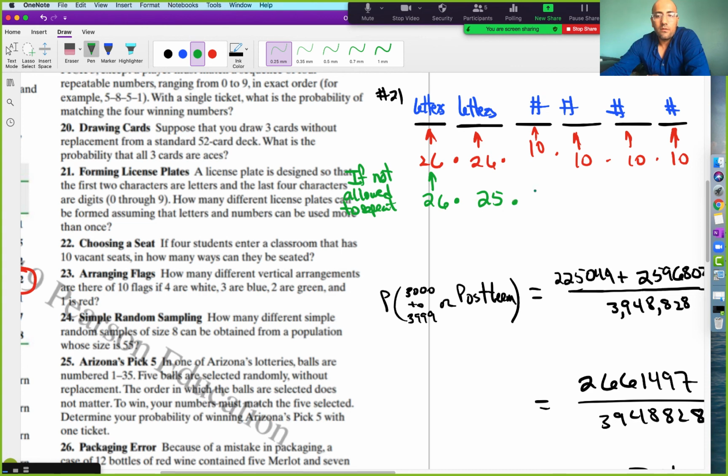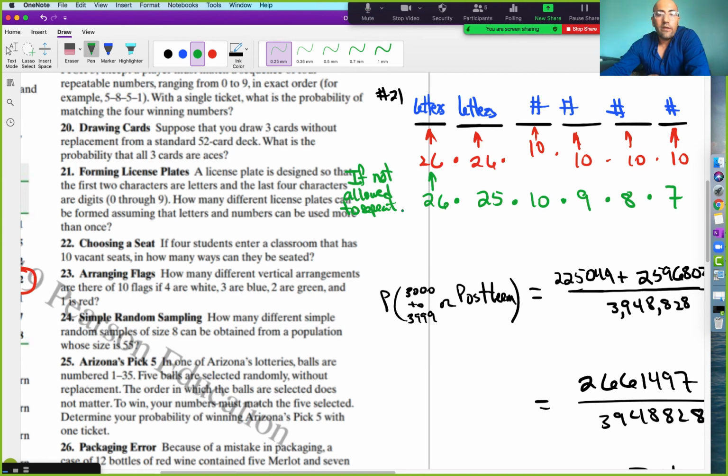Good. For the numbers, that first spot there's 10 numbers available, but then you're not allowed to repeat, so now there's only 9 available for the one after that. And then there's only 8 available for the one after that, and then there's only 7 available for the one after that. So this multiplication would represent the number of ways to create license plates if repetition is not allowed.